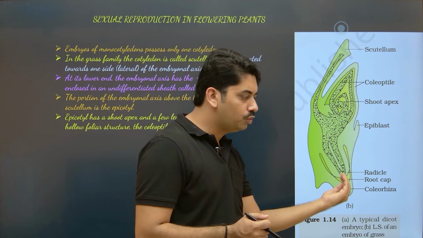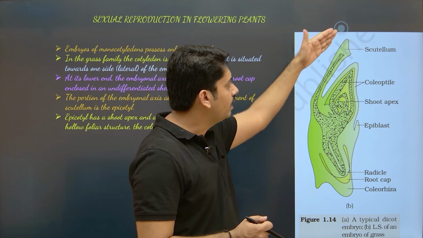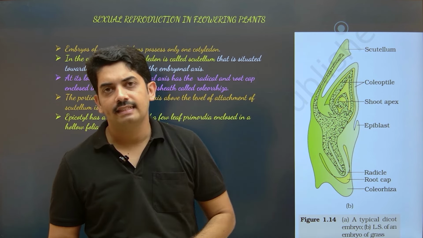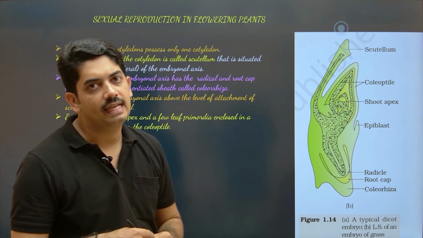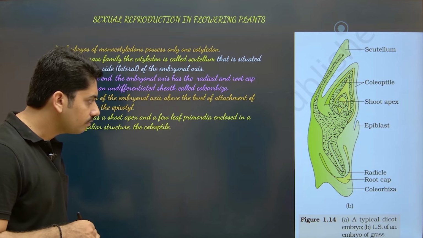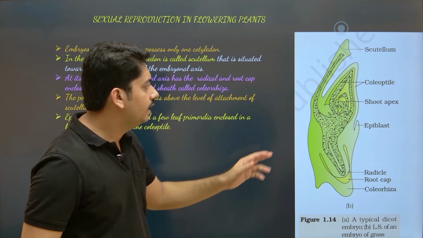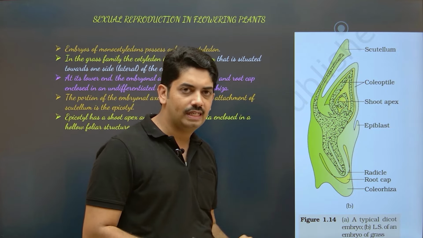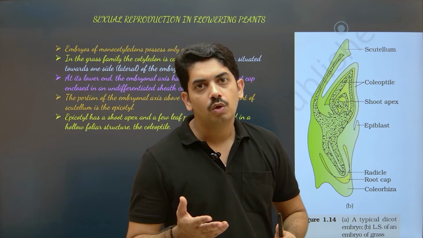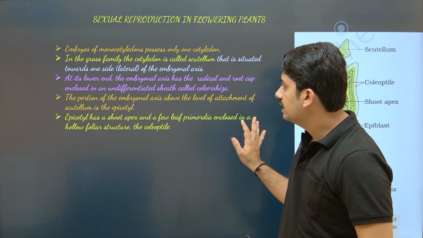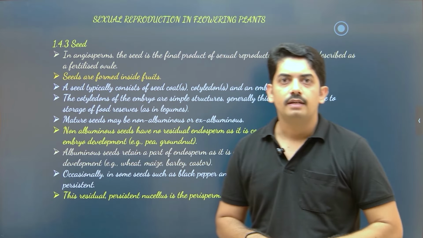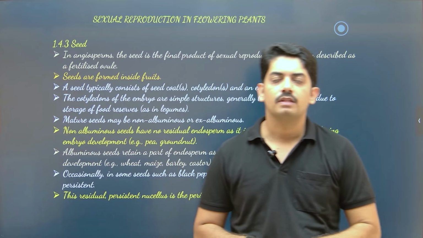Okay, it's a reduced cotyledon. And one cotyledon is very prominent, which we call the scutellum, that acts as the single cotyledon in the case of monocotyledons. Hope this is very clear. Here the shoot is covered by a protective layer called the coleoptile and the root is covered by a protective layer called the coleorhiza. So this is the main difference between the monocot embryo and the dicot embryo.